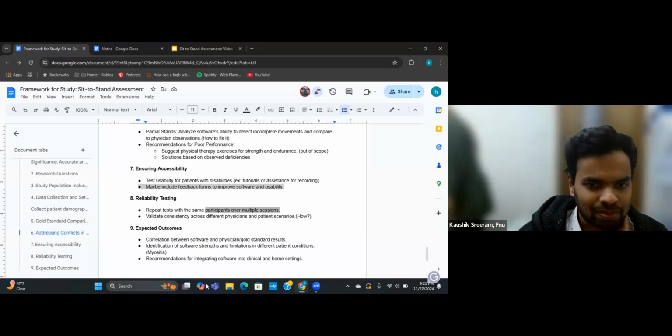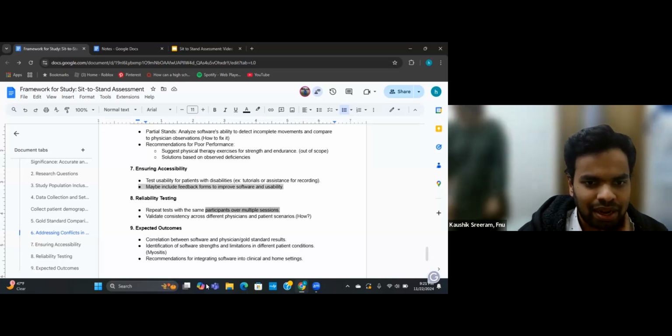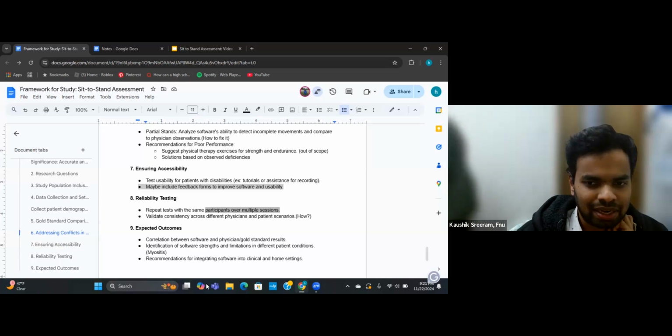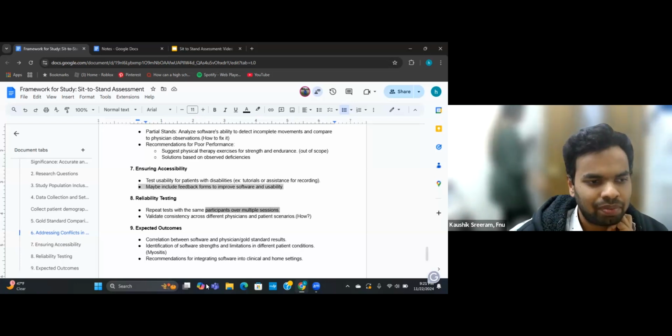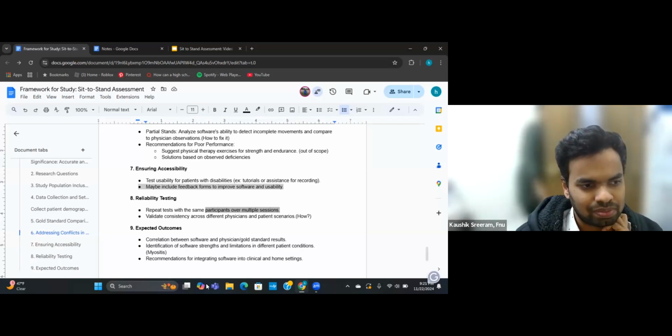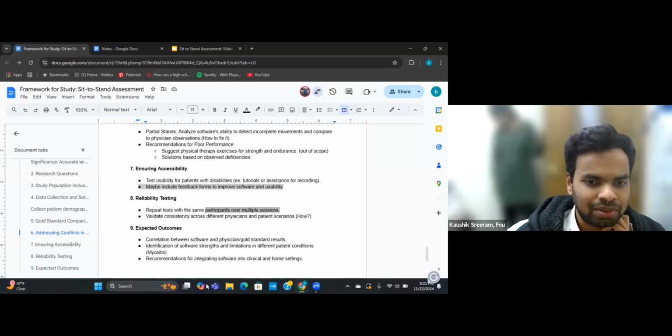And when you say gold standard, either you compare it to physician observation or you name what the gold standard is. That is something you need to add in the objective.